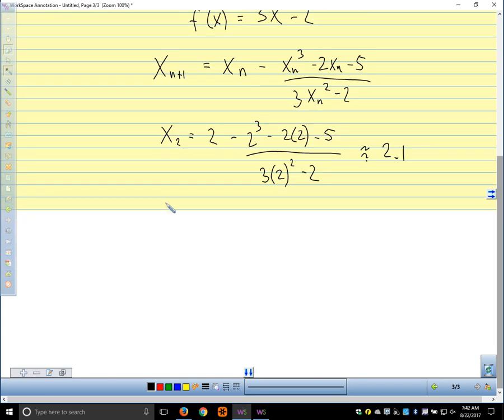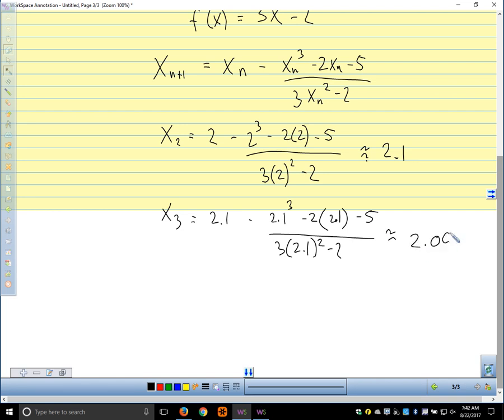And then x sub 3 equals, now I'm going to plug 2.1 in here: 2.1 minus 2.1 cubed minus 2 times 2.1, I'm just writing this out to show you what it looks like, over 3 times 2.1 squared minus 2. And that's about equal to 2.0946.